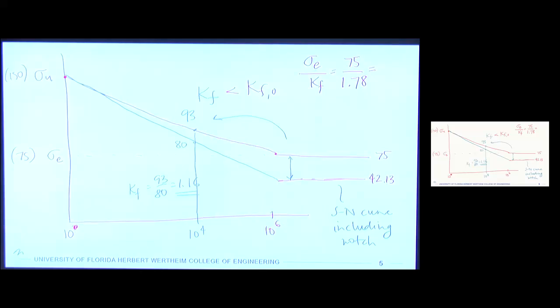And we can do the same thing for 10 to the 5. 10 to the 5 is here, right? It's going to be something in the middle, and the example problem shows this as KF equals 1.40. So you can see now that it drops to 1, right?